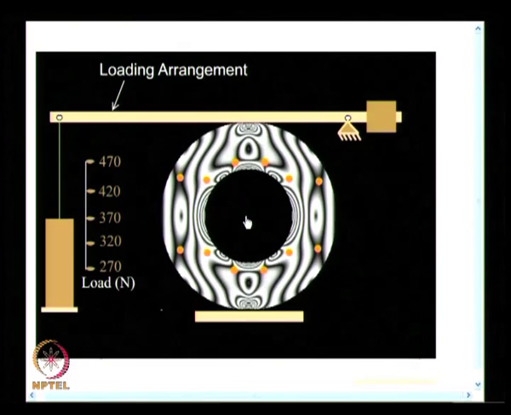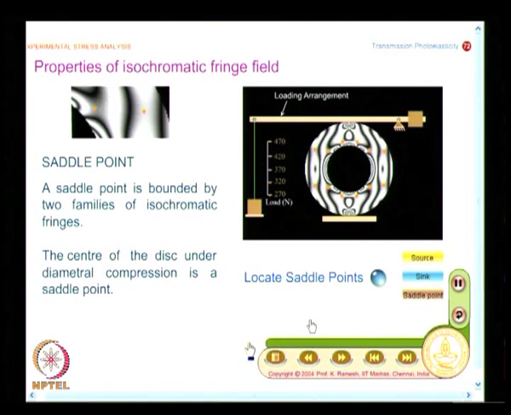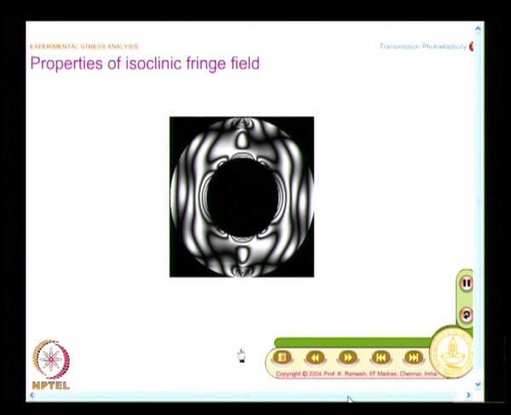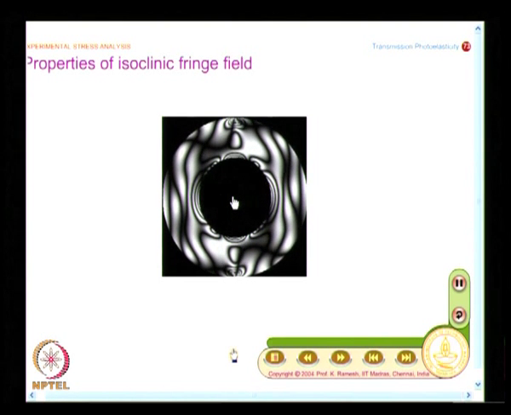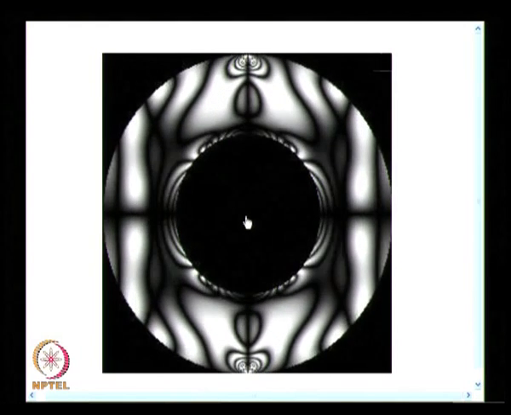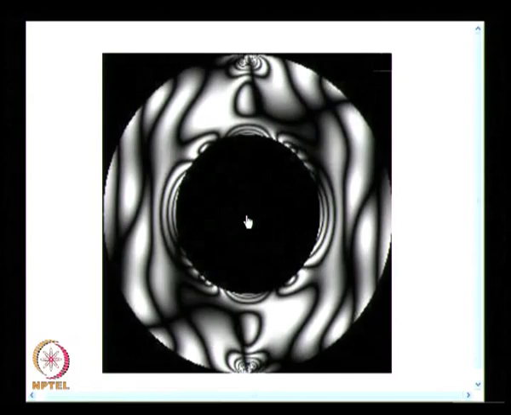So, now what we look at is, we look at what are all the properties of the isoclinic fringe field. And here again I have a nice animation. For a fixed load, you have the polarizers which are kept crossed or rotated. And what I want you to see is, look at the animation, observe.